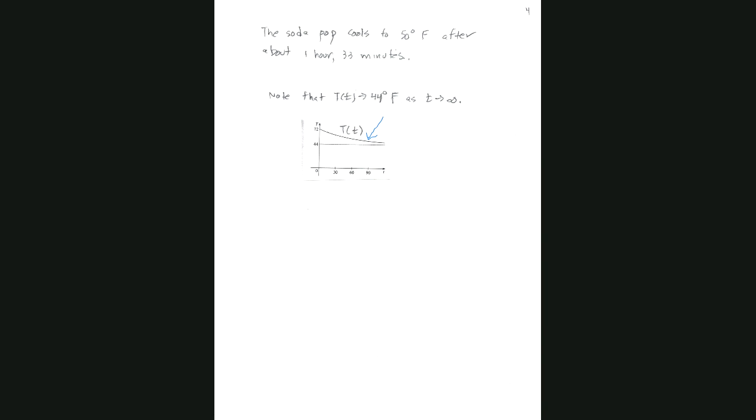You can see in the beginning, the exponential decay is fairly rapid, like between 0 and 30 minutes, the soda pop cools fairly quickly. But then after time, it still cools, but its rate slows down. How many notice that from real life? When you put something in the fridge, like a bottle of soda pop, it cools kind of quickly in the beginning.